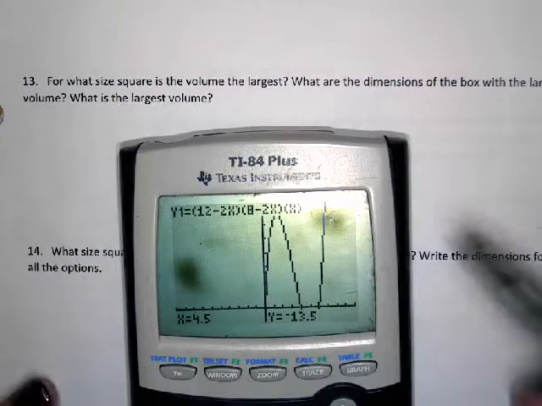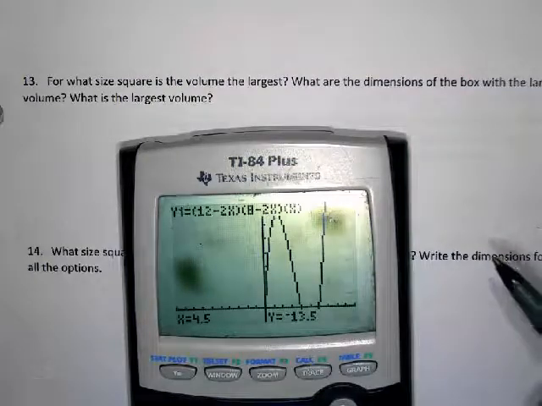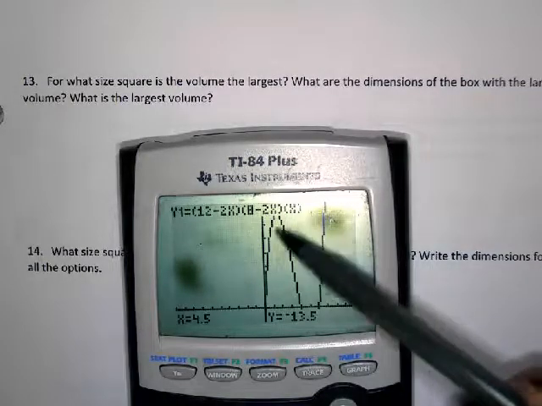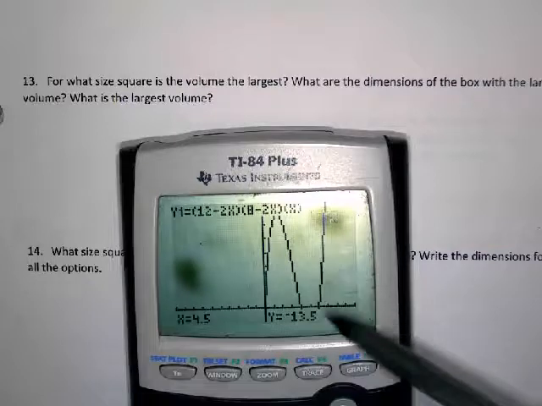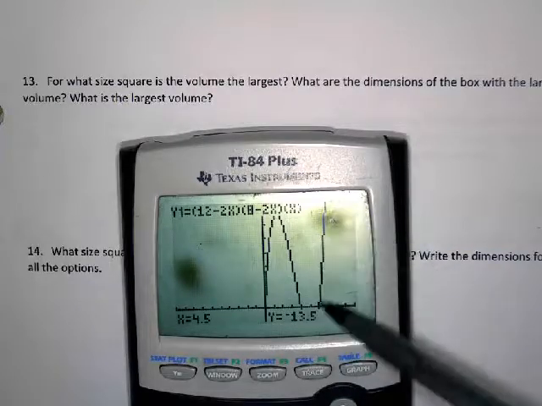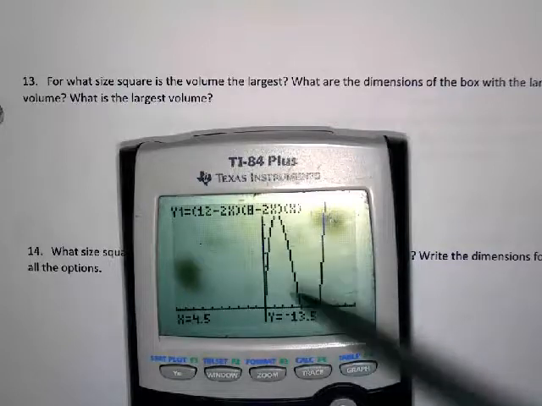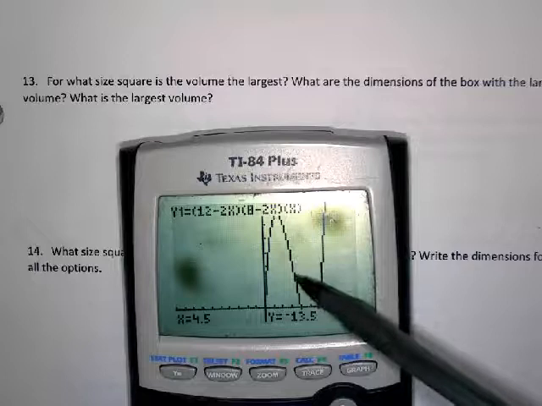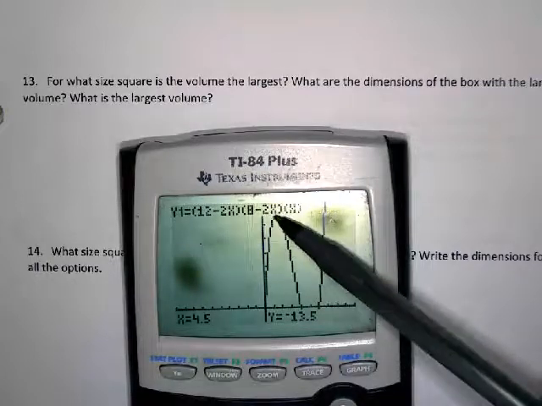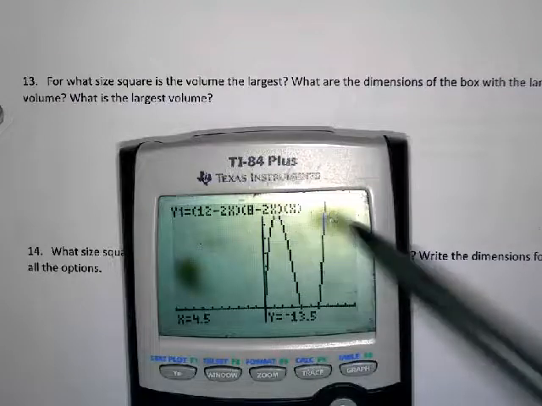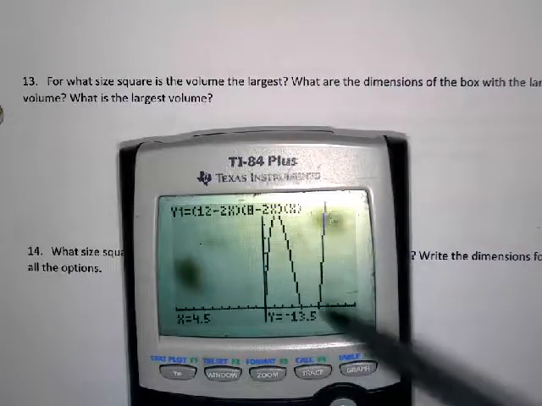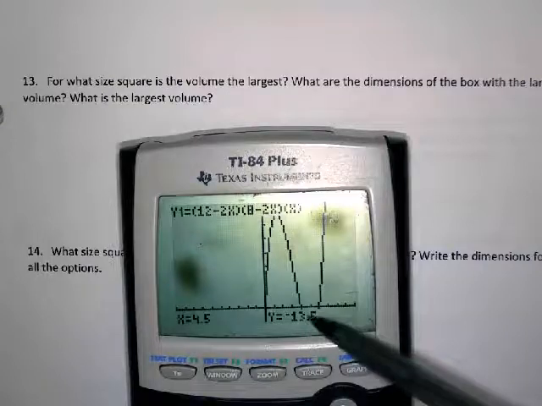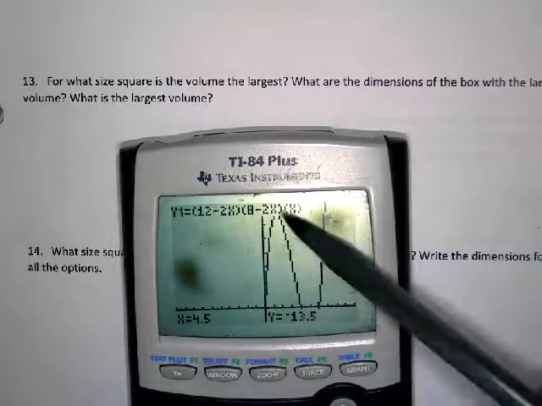It's the maximum. The largest volume is going to be up here because we have to ignore everything after the graph turns negative. So the only part of the graph that's valid is this part. When it says for what size square, what answer are we looking for? Is that the x or the y? That's the x. And volume is the largest, that's the maximum.